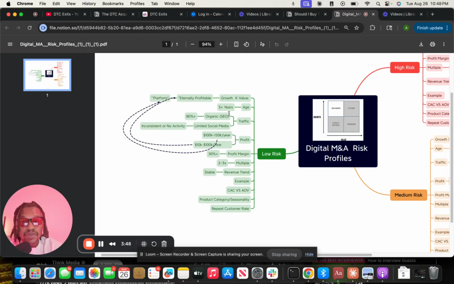Specifically, if 100% of the traffic is coming from one paid ads channel like Facebook, why is that dangerous? If something happens, like in 2021, we had the iOS 14 updates, and Facebook ads became very tough for a lot of people because of tracking and attribution issues, right?